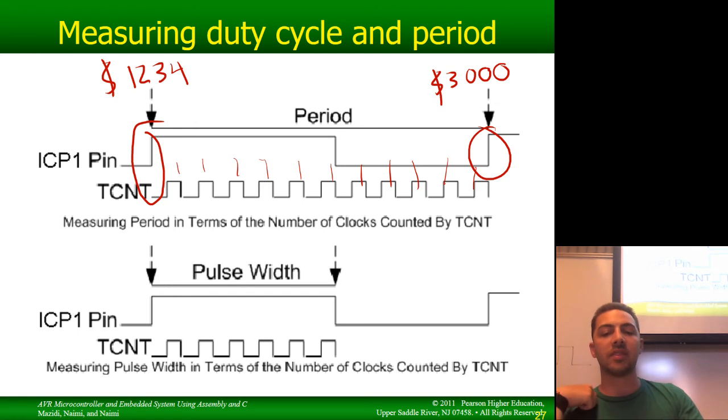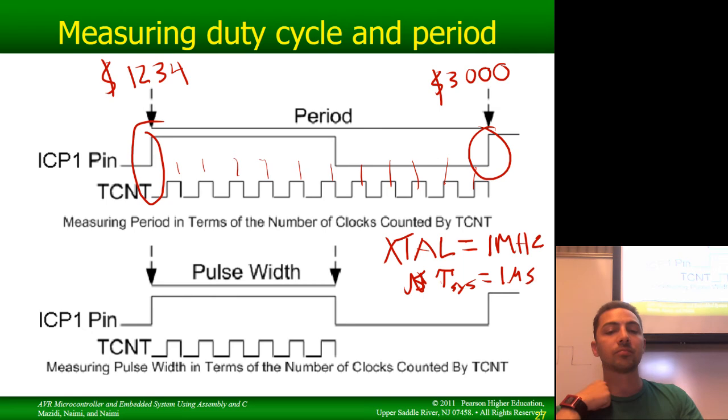Let's assume that our crystal frequency, to make our math easy, is 1 megahertz. That means that our system period is 1 microsecond. So this would be, if it's an unprescaled clock, just assume for now that our prescaler is 1.